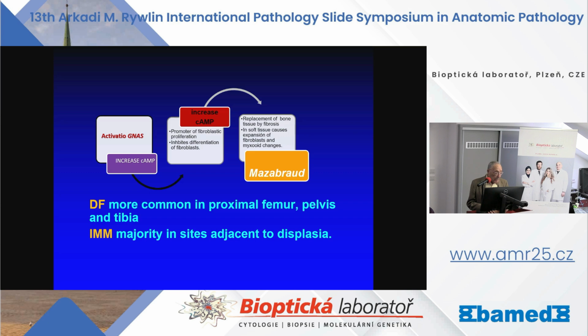The fibrous dysplasia is more common in proximal and long bones, but can also be in the pelvis and tibia. In most cases, the intramuscular myxoma is adjacent to fibrous dysplasia.